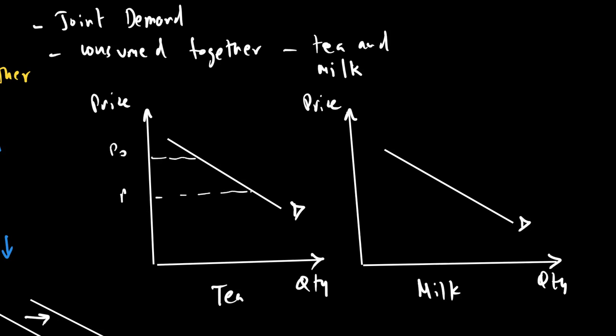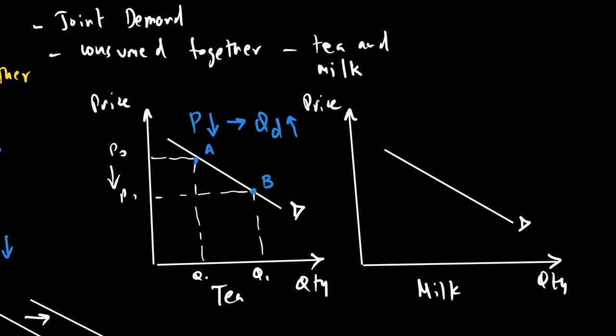If tea becomes cheaper, that is what we call a movement along the demand curve for tea. So when the price of tea goes down, you will see quantity demanded for tea go up, because we know that there is an inverse relationship between price and quantity demanded, and this is what we call a movement along the demand curve.